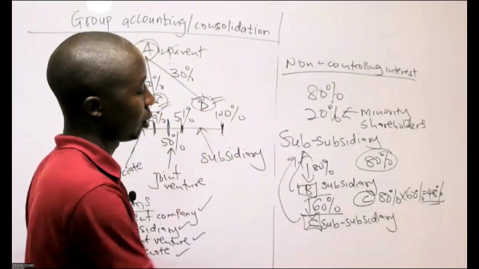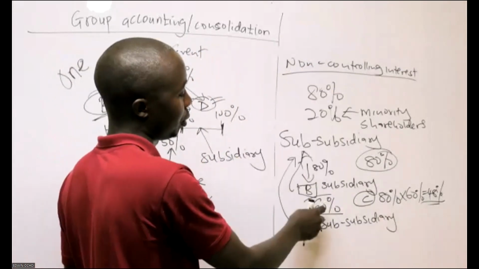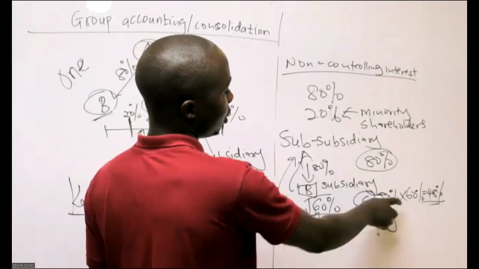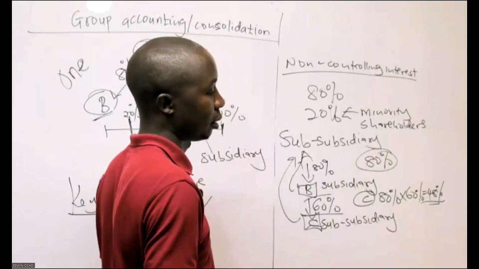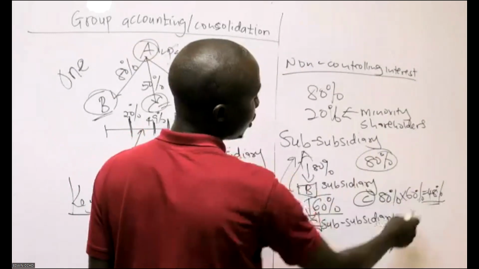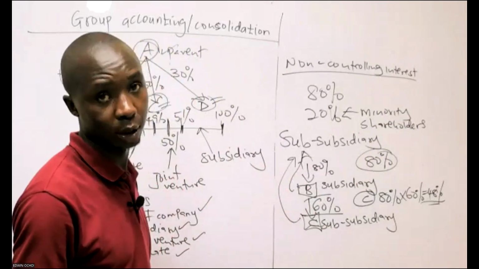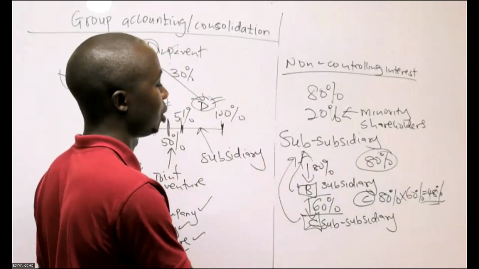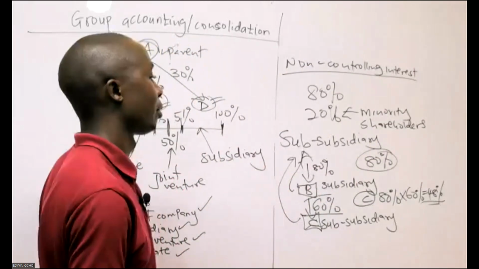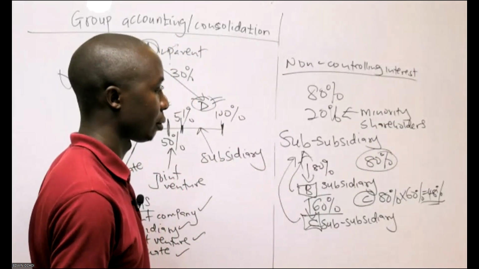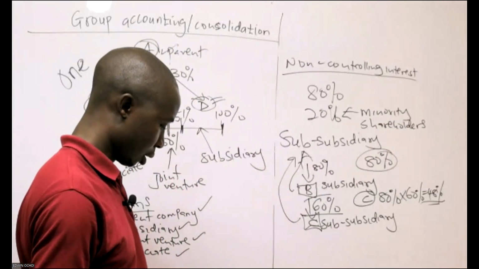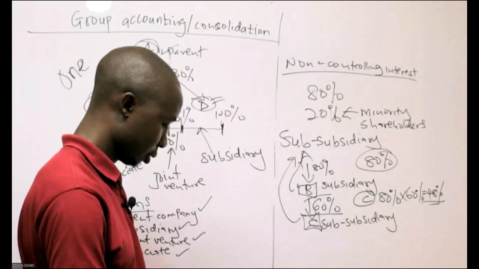This one was 60. So even if once we multiply 60 by 80, and this one comes less than 50, this percentage will not imply that now we treat C as an associate. No. So this one will be treated as a sub-subsidiary. So that is fine. I think I've done that.